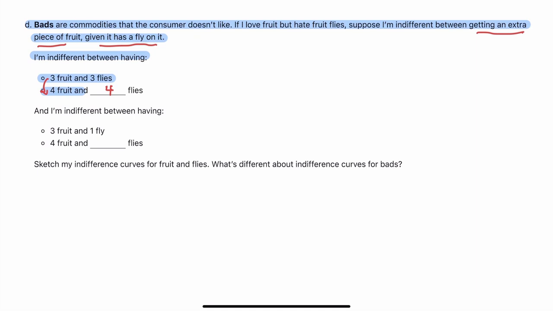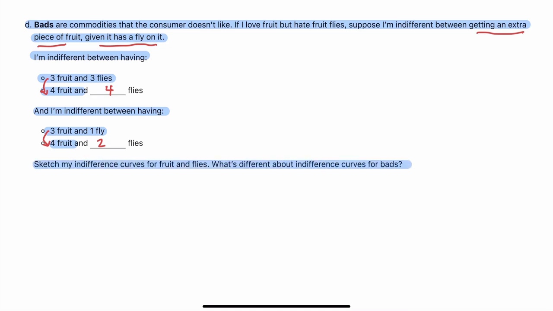And then I'm indifferent between having 3 fruit and 1 fly, and 4 fruit. And again, this is me gaining a fruit, so I'd be okay to gain a fly. So that would be 2 flies there. Sketch my indifference curves for the fruit and flies.